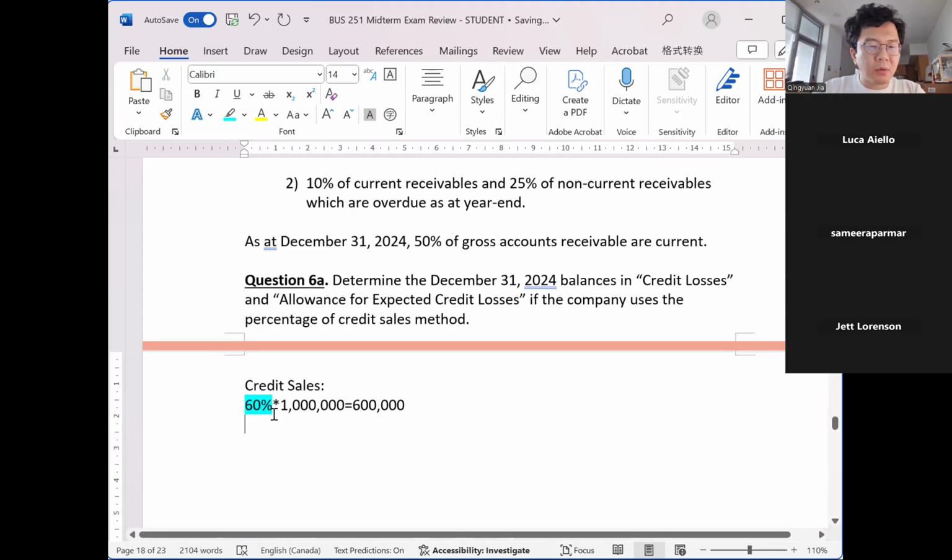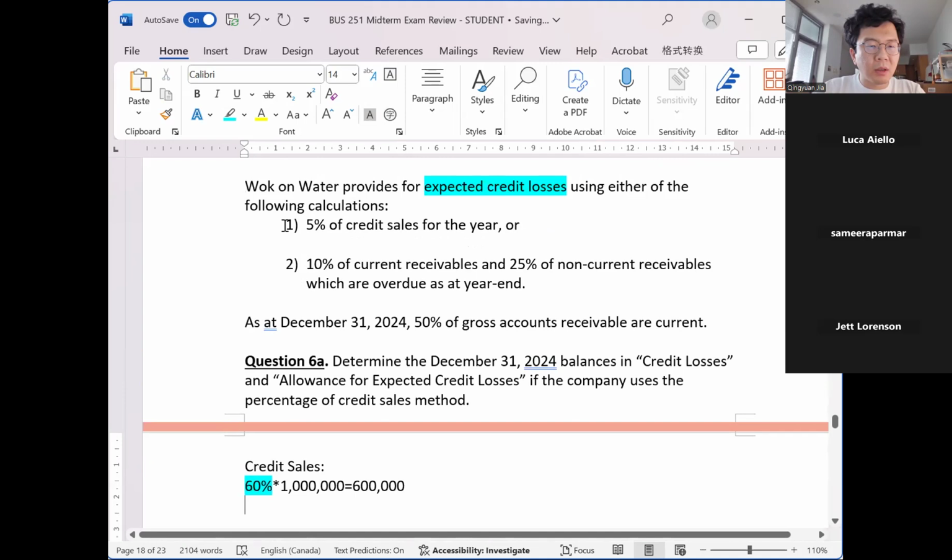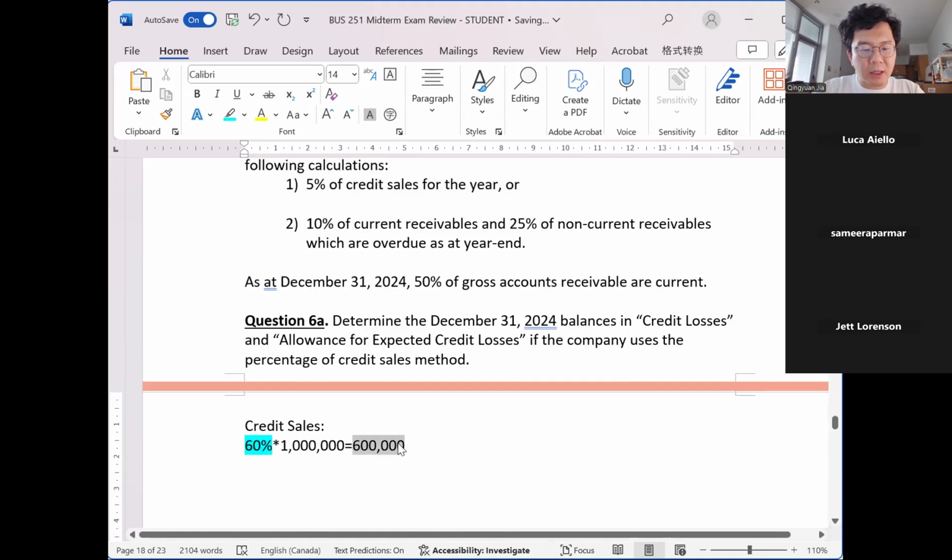And the condition given makes it very simple. Like 5% credit sales of the year is the expected credit loss. So we simply times this one with 5%.